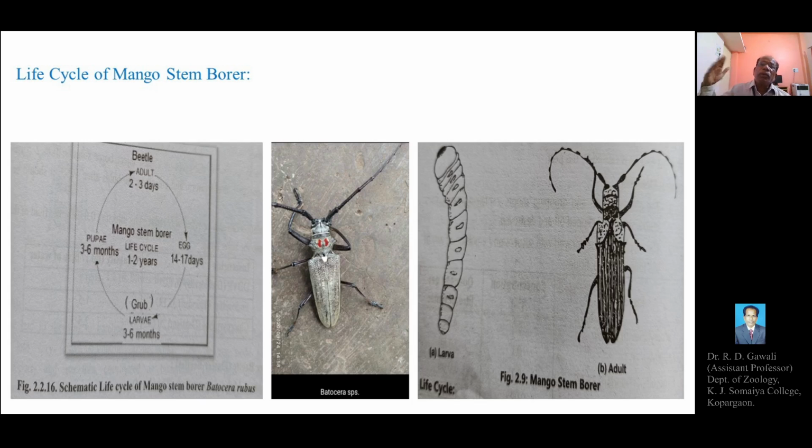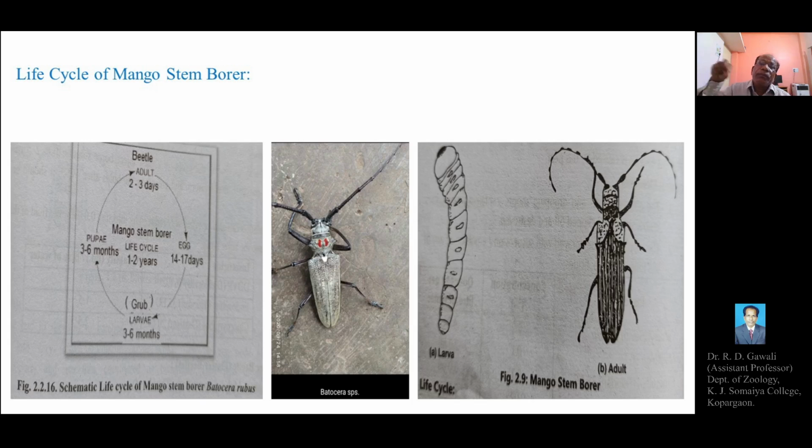So for a maximum of 6 months, the larva lives inside the stem, feeding continuously on the internal tissues of the mango stem, and leaving behind frass or a gummy secretion which will ooze out from the point of entrance.